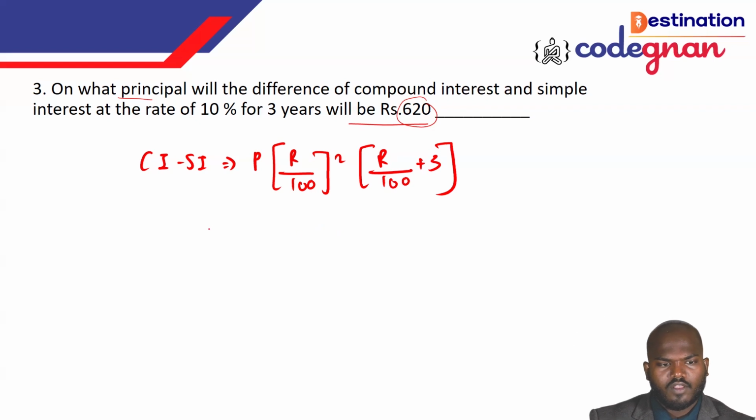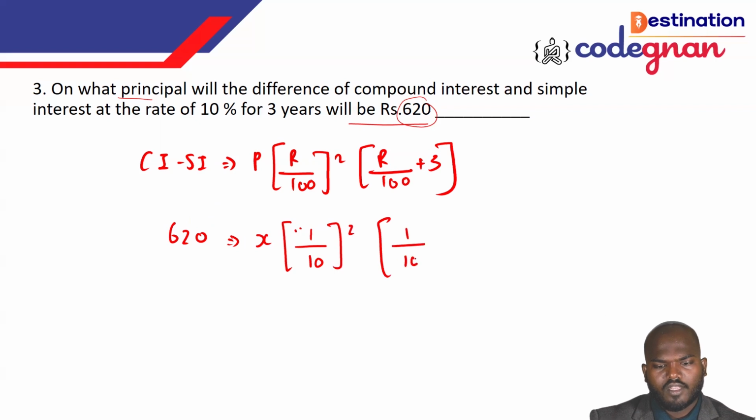So you see this one, the difference they have given is equal to 620. I'm writing here, principal, I don't know. I'm calling it X. Okay. So R is equal to what? It is 10%. So 10 by 100 will give you 1 by 10 whole square. This one will also give you 1 by 10 plus 3.